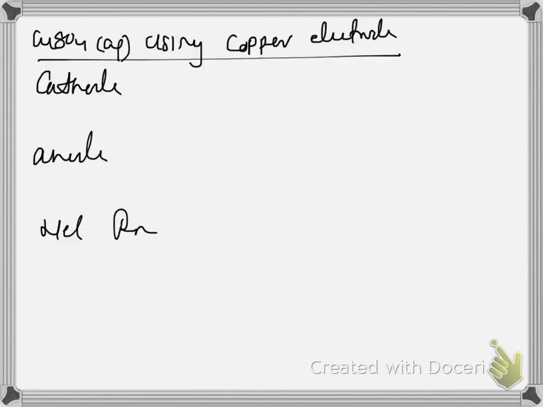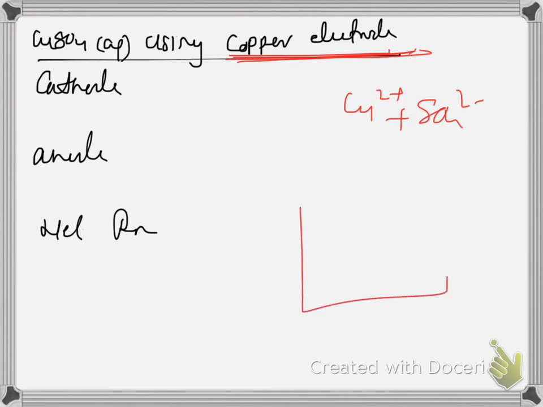Instead of an inert electrode, we can use an active electrode. If we use the copper electrode instead of platinum for the same process, then we have Cu2+ and SO4 2−. The reaction vessel is like this.